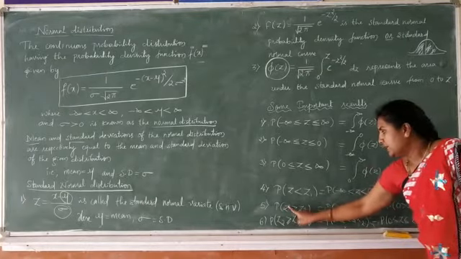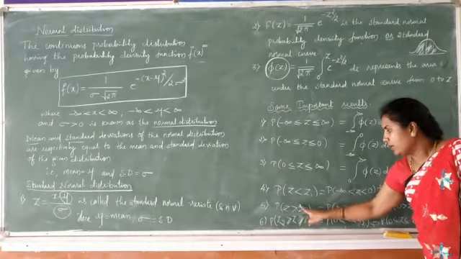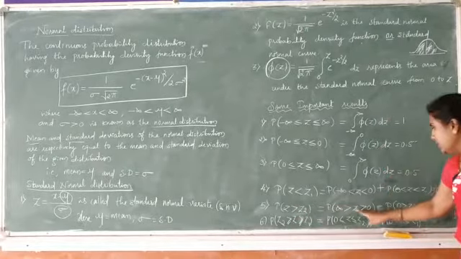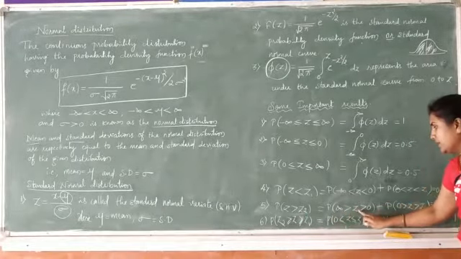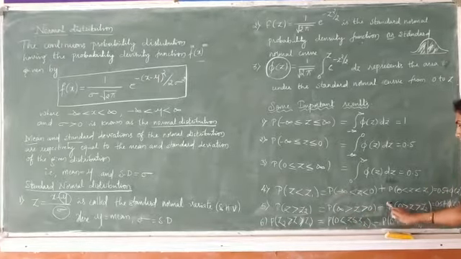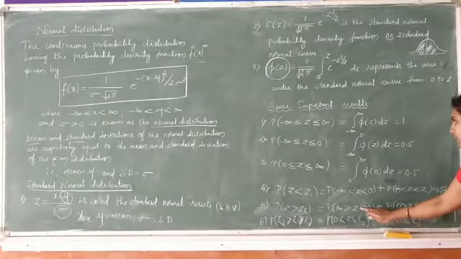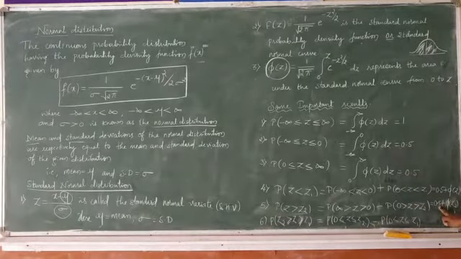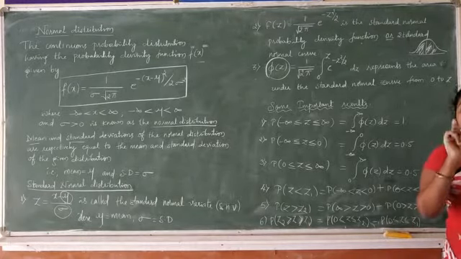When P of z greater than z2, with z2 one more standard normal variate, we can split it as P of minus infinity to 0 minus P of 0 to z2. We already know the first value is 0.5, so it is 0.5 minus phi of z2. The phi of z1 and phi of z2 are the standard normal curve values, and we can get these values from a table.